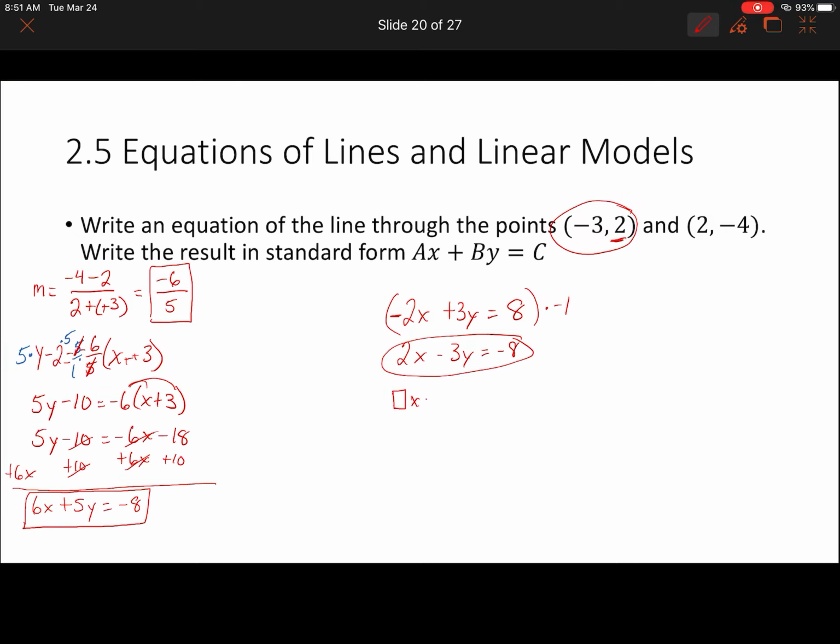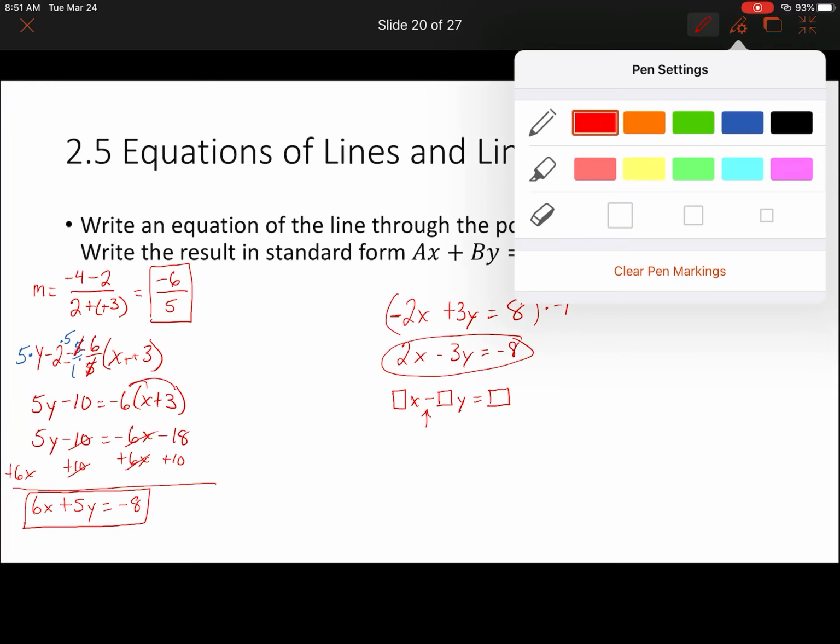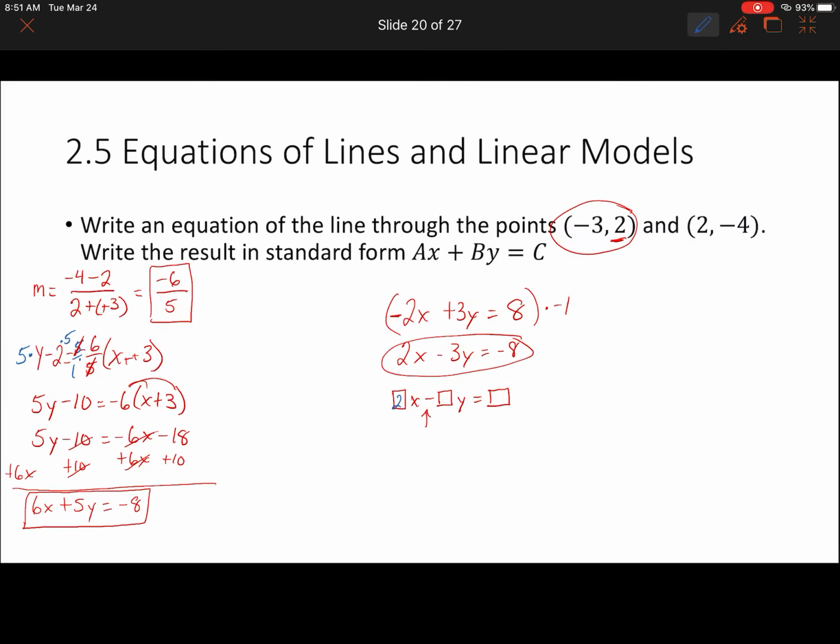Also on your math lab, it may ask you to put the numbers in like this, where it has a box with your x, and then your sign with your box with the y, and then a box for the last number. If it does ask you to put your answer in this way, this sign is already going to be correct. So if you were to take that and put it in, you would put in 2 for this box.